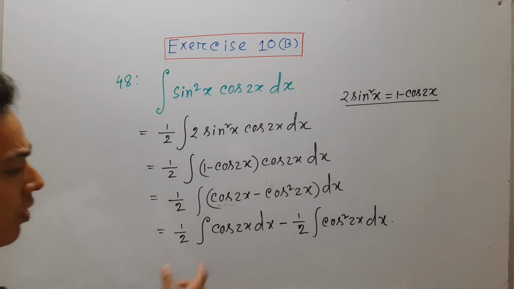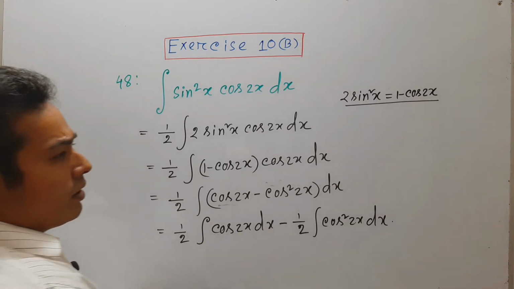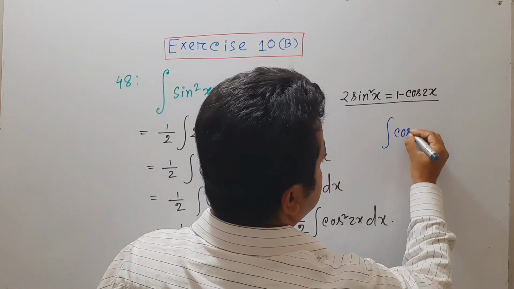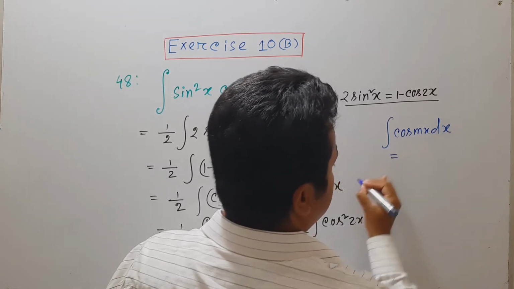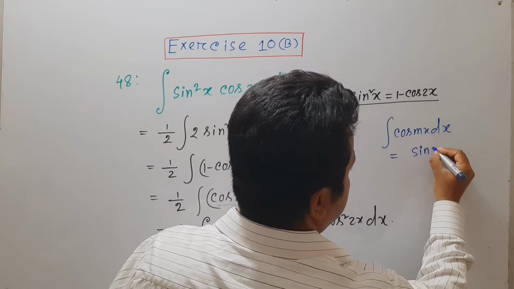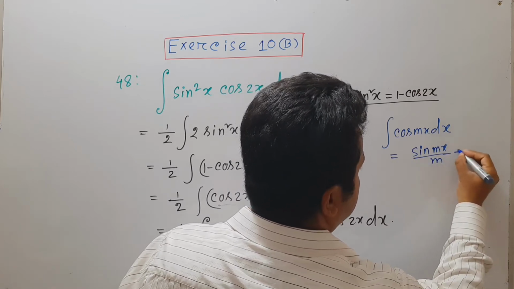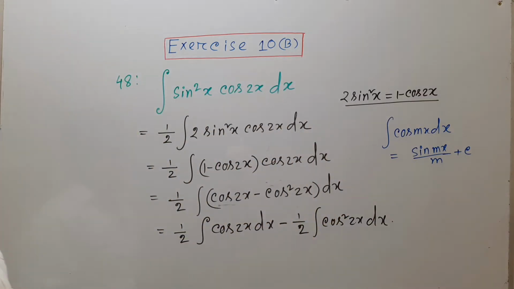And integration of cos 2x, we know that integration of cos mx dx is equal to sin mx divided by m plus c. C is our integral constant.